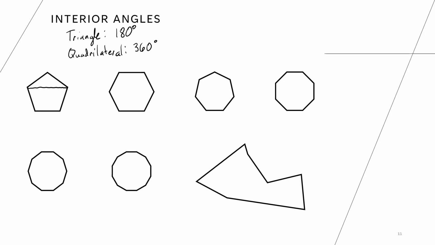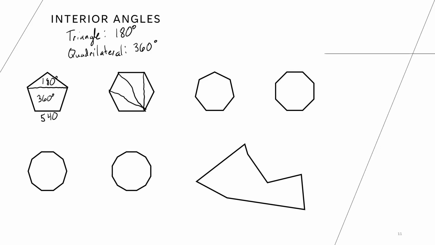Once again, I can make triangles or even quadrilaterals. Here I can see this has to be 360 plus 180 for my angle sums. So this one ends up being 540. And then here, I can think of it as two quadrilaterals, or I can just break it into a bunch of triangles.